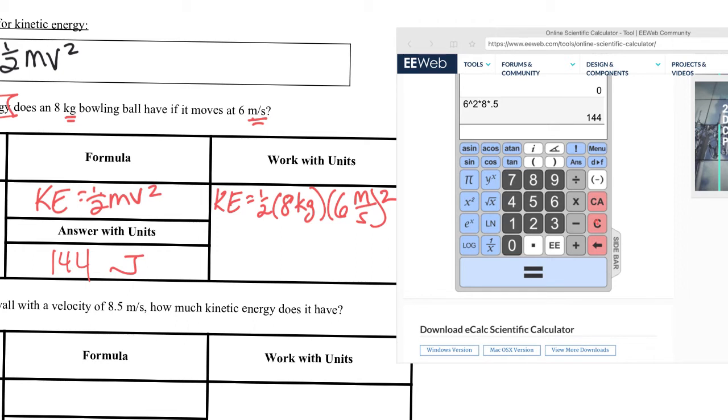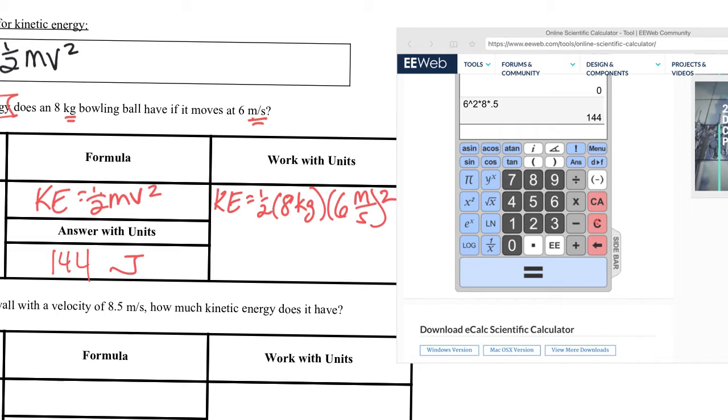You could also just do 6 squared times 8, and times 0.5 is the same thing as divided by 2. So that's also 144. Or you can go from the left.